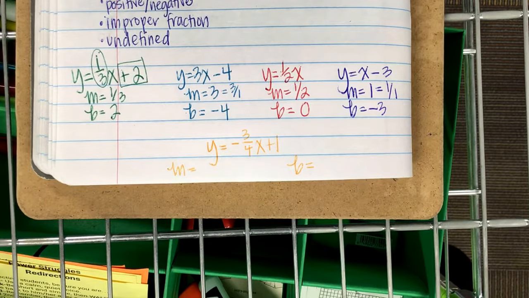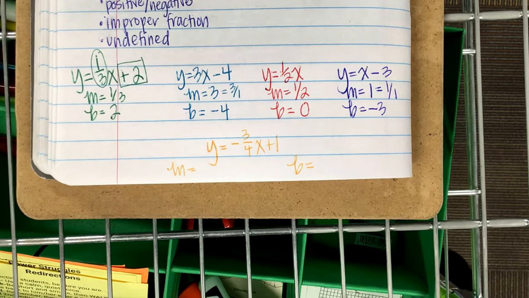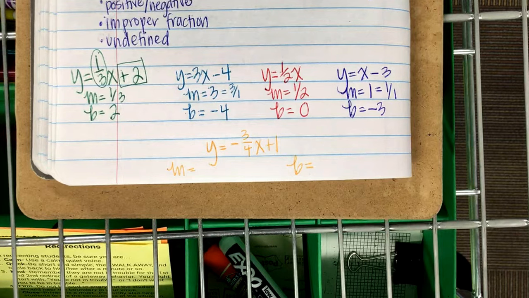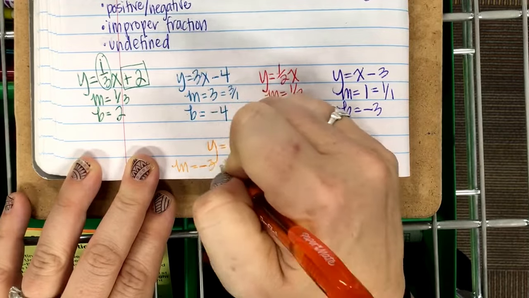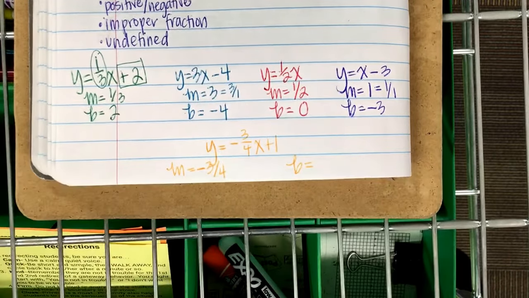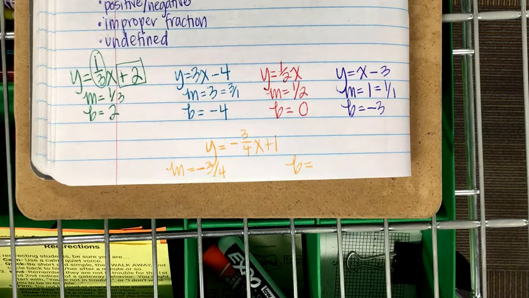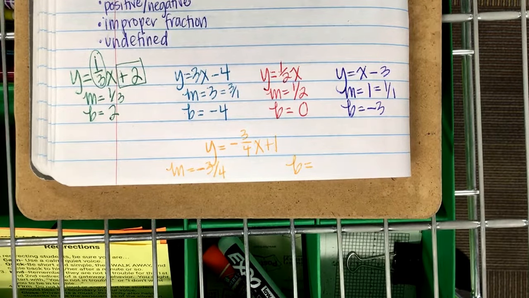There are 2 things you could say for slope. 2 correct choices for slope. What's one of the correct choices for slope? -3/4. What's another correct choice for slope? What's equal to -3/4?